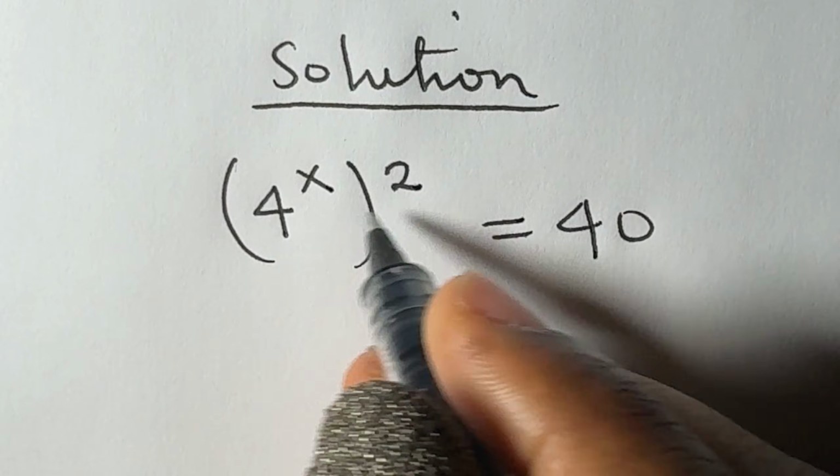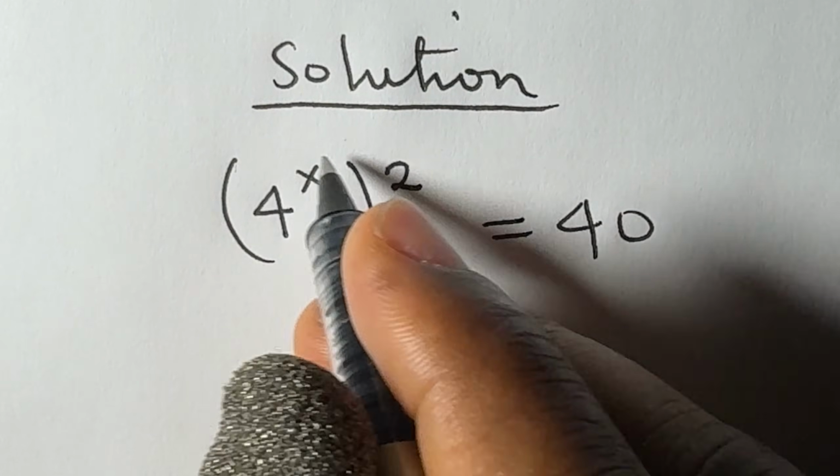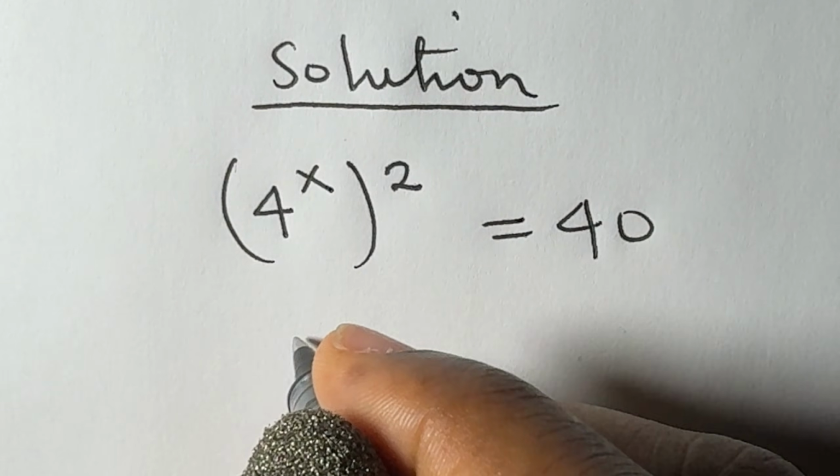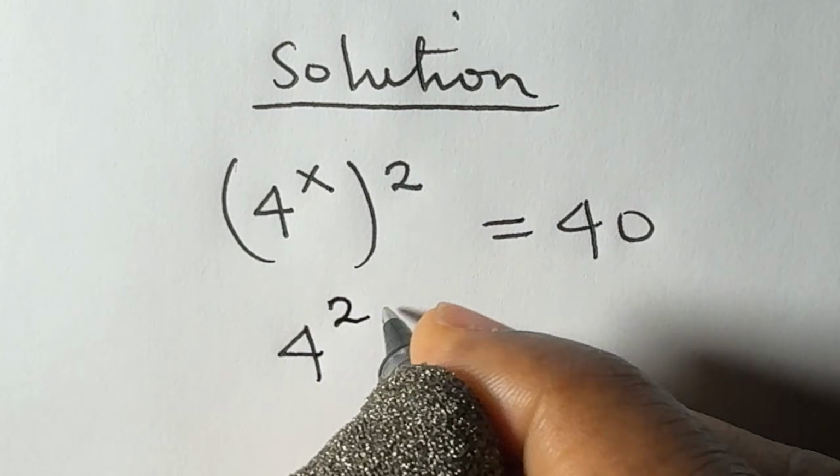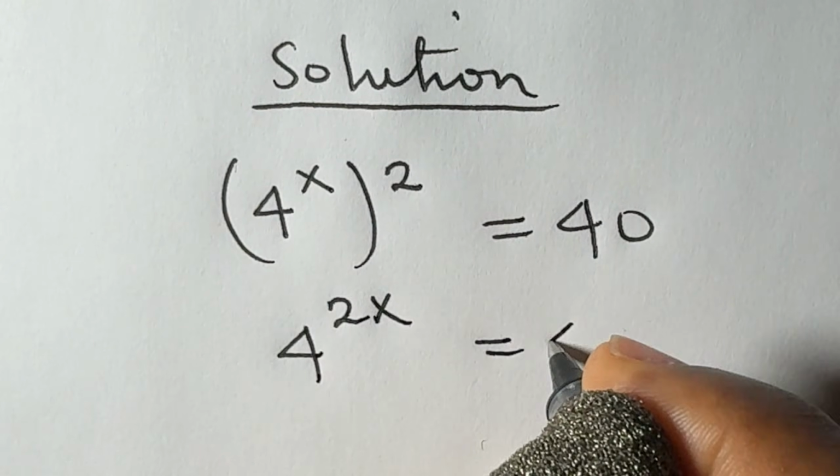By indices, we can open up this bracket by simply multiplying these powers, giving us 4 raised to power 2x is equal to 40.